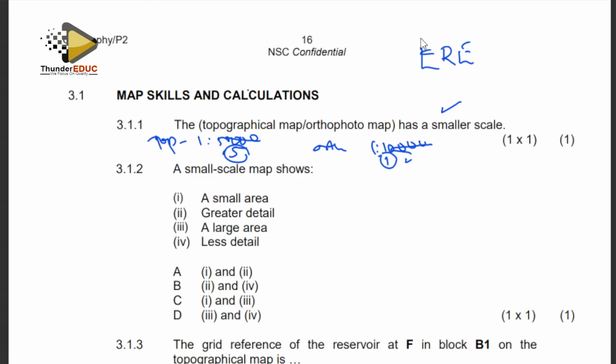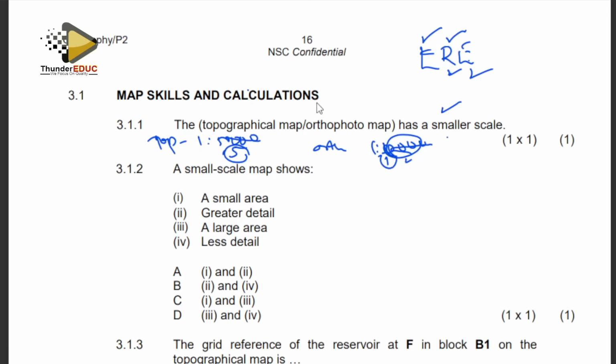If you're going to forget, remember ERE: Enlarged map, scale reduces. Reduced map, scale enlarges. Remember, this orthophoto map is coming from that small section on the topographic map. That means it has been enlarged, and because it has been enlarged, the scale is now reducing. That's why it is 10,000.